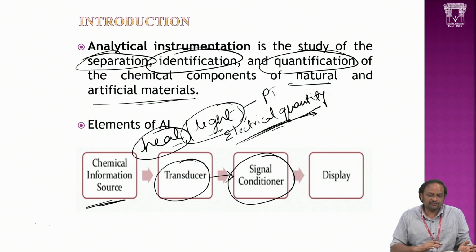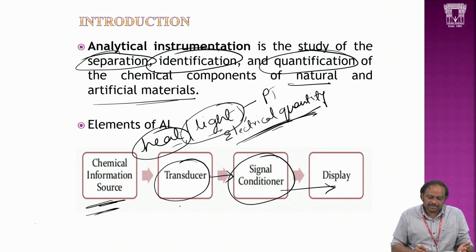But when you convert from analog to digital, you can make it noise free, and it is very difficult for noise to interfere with the digital signal. That is the reason why we convert analog to digital, and from that we produce a proper display. So these are usually the elements of analytical instruments.